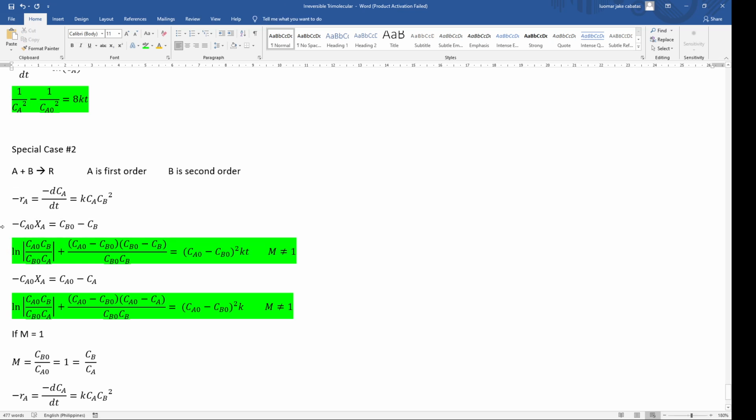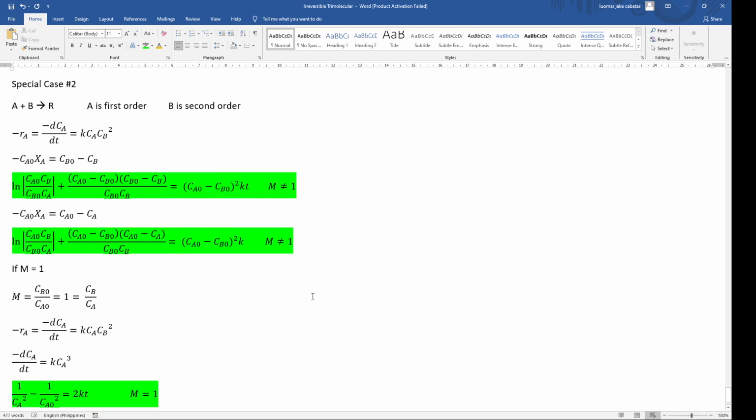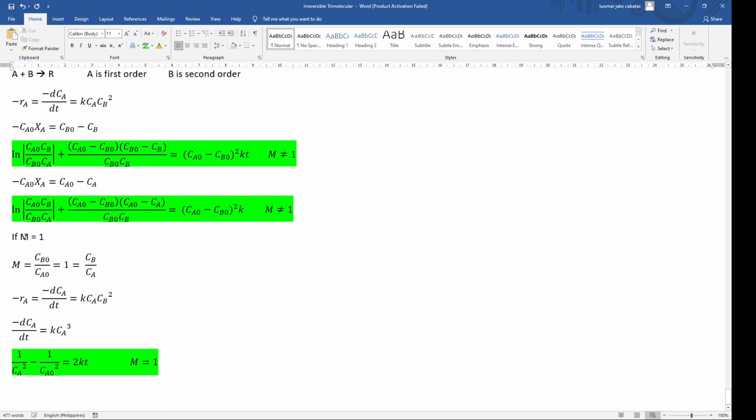And then after integration, at first finding the relationship between CB and CA, we have these two equations. One is through the concentration of CBO, and another is through the concentration of CA and CAO. So we have these two equations, and this is when M is not equal to 1. Then what if M is equal to 1?